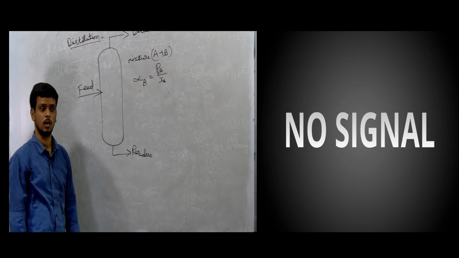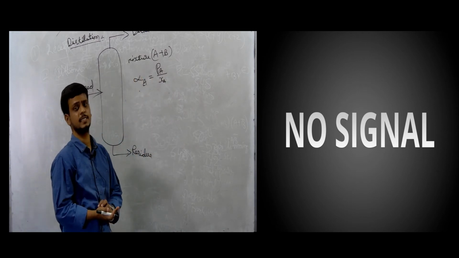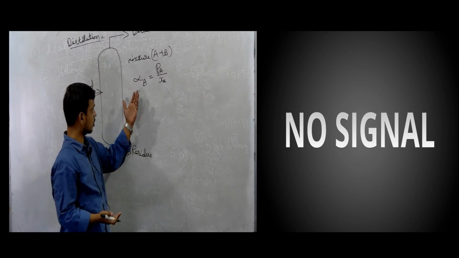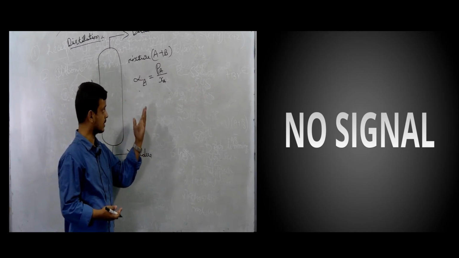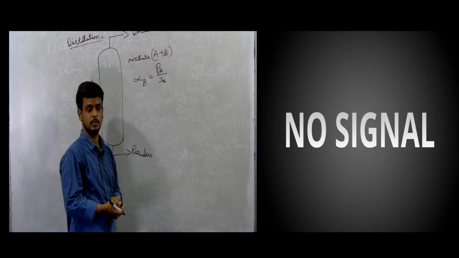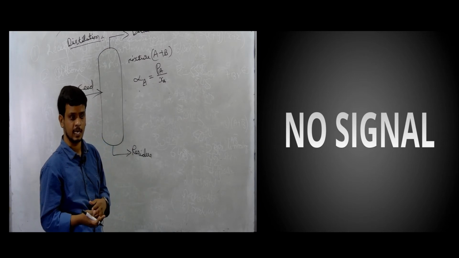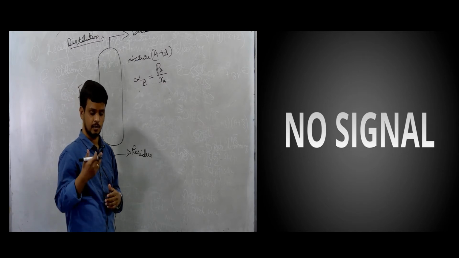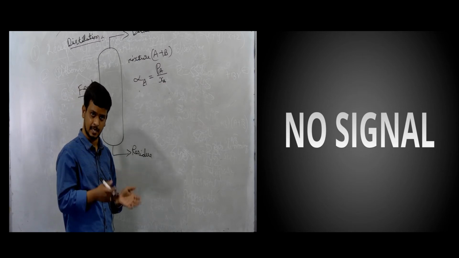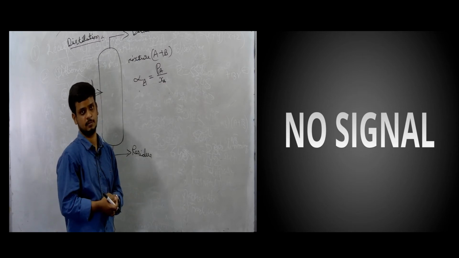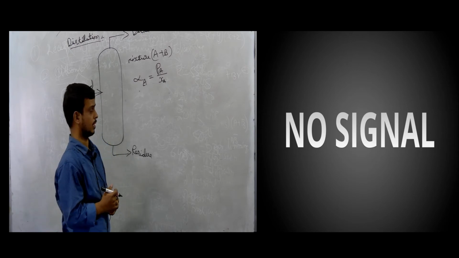Volatility is a component property which describes how readily it can be vaporized when heat is supplied, or how readily it can condense when heat is removed from the system. So that defines the relative volatility.